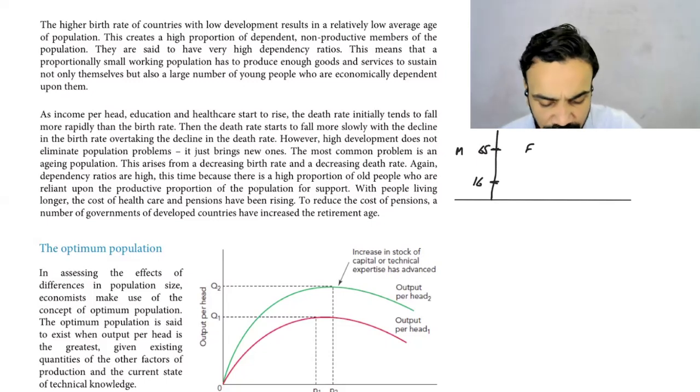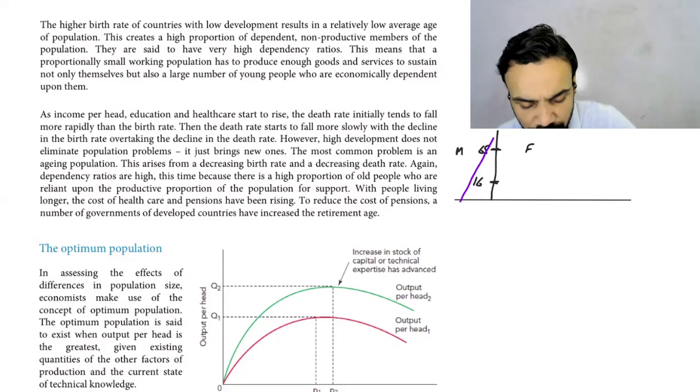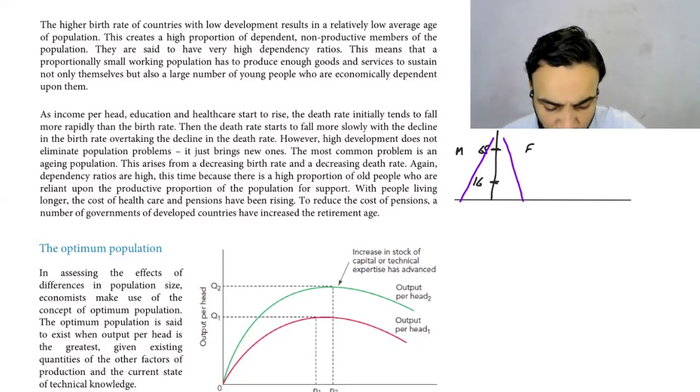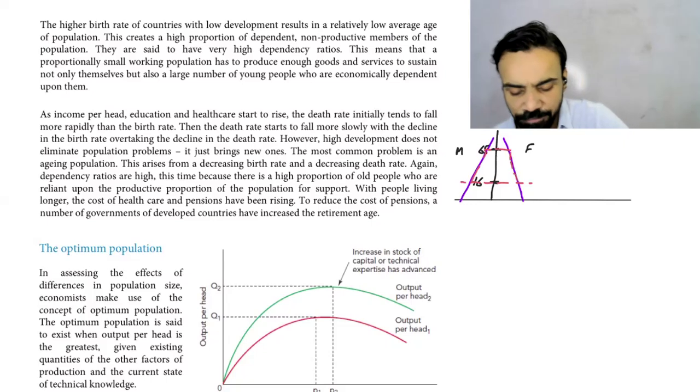What happens in developing economies is that this is how the population pyramid looks. That shows you have a really high population below the age of 16, and relatively fewer people in the working age, which is 16 to 65.